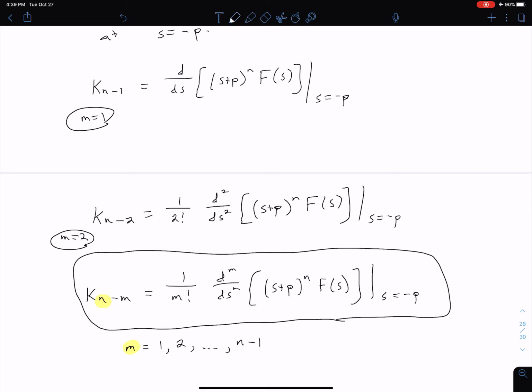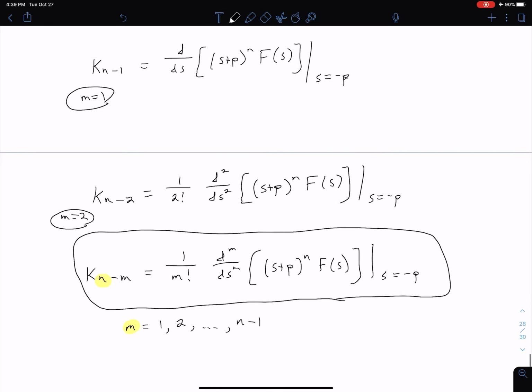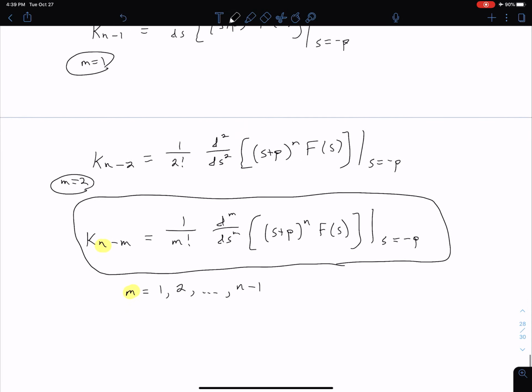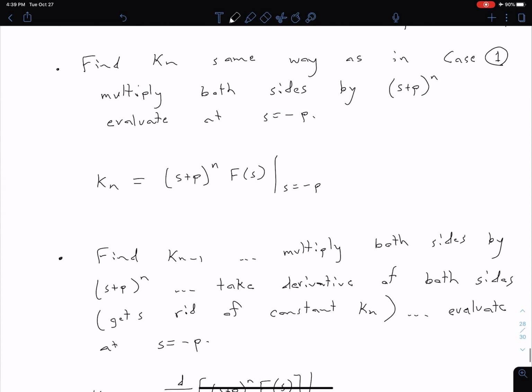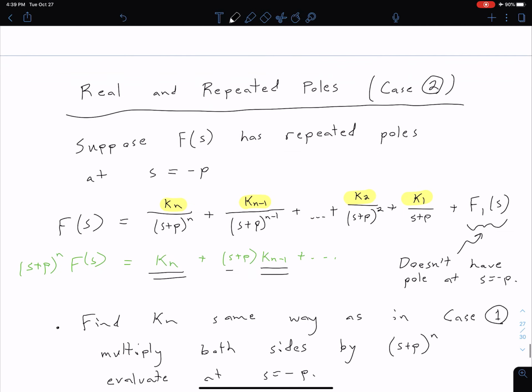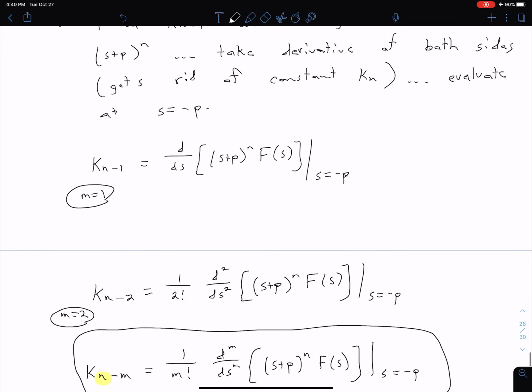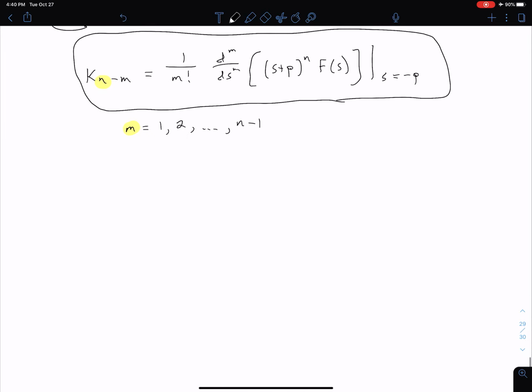So in terms of doing our inverse Laplace transform, we can modify a little bit. Once we know our k sub n value and our k sub n minus 1 and all of our k values in this equation, we can generalize how we would take our inverse Laplace transform. I'm going to show you a slightly modified transform pair from what's in the book.